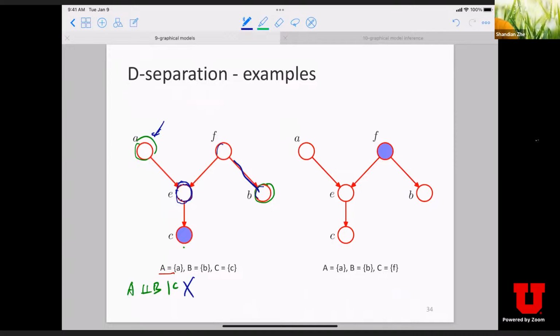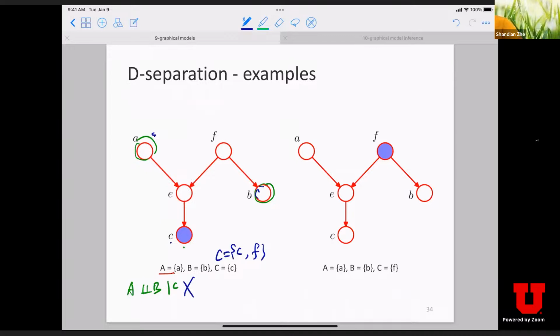So now I want to change this problem a little bit. What if I now define my C not only by this node C, but also the node F?